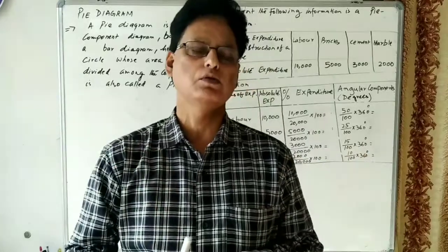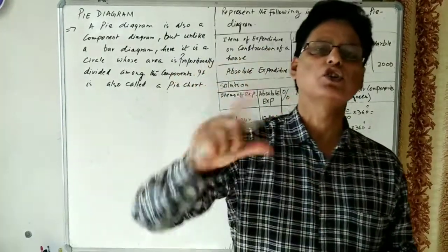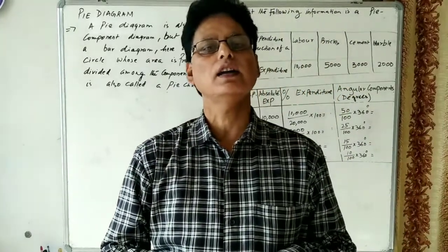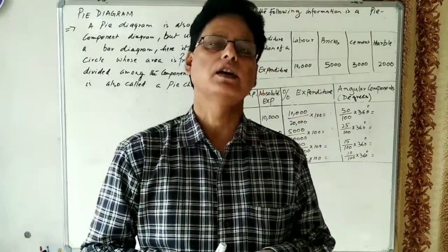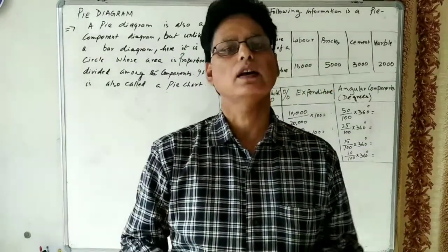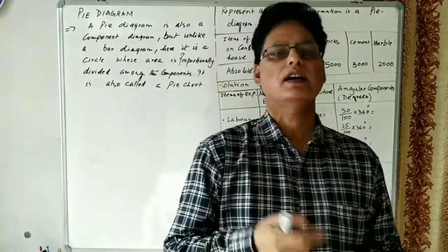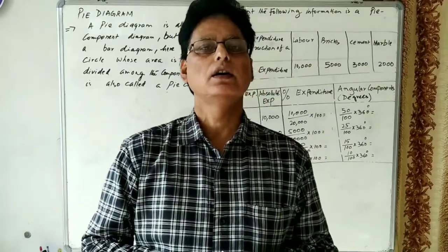And then what can we do? We can take one compass and draw one circle, and then we'll take the radius of the circle, and then we'll take the baseline, and from the baseline we'll measure the degree.